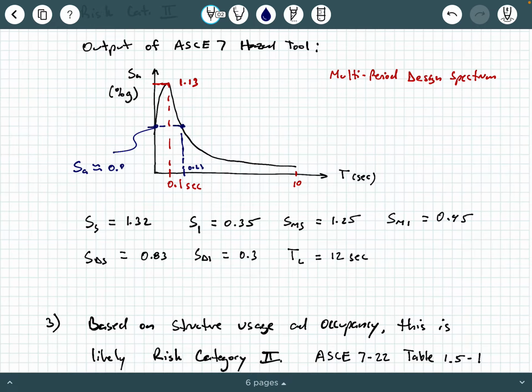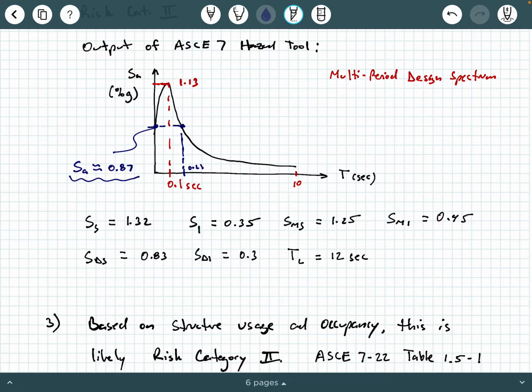About 0.87, all right? And if you read what ASCE 7-22 says back in Chapter 11, it says we could linearly interpolate in between data points to grab that SA value. I'm just quickly looking at it, and it is about 0.87, but if you do a linear interpolation between the 2 points on the ASCE 7 hazard tool, you may get a slightly different value, but it's right around 0.87.